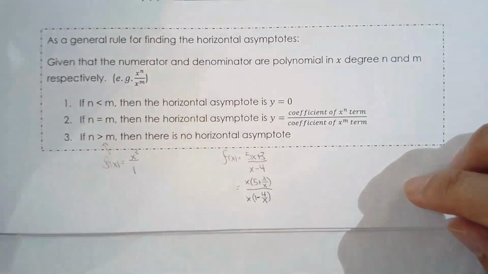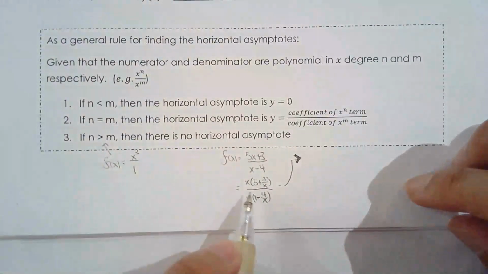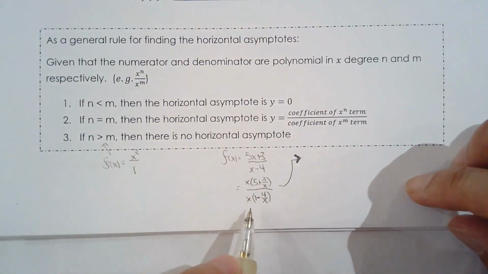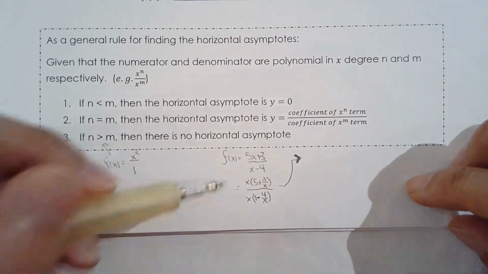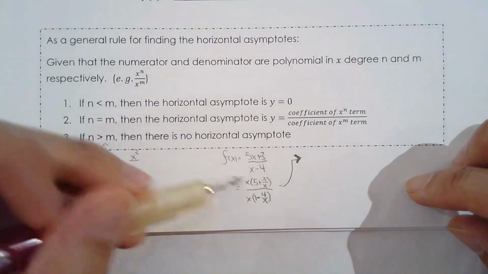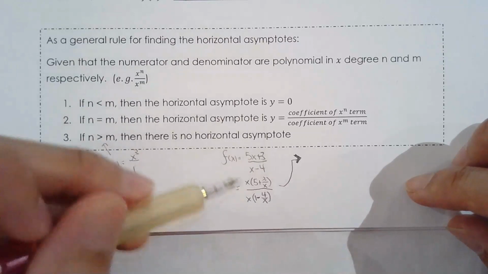So you factor the greatest power of x, which in this case is just x. And then you cancel out the common factor. Now this will always happen. Hopefully you see a pattern. There's always going to be a common factor if there's a tie in the degrees. If they're both degree 2, there'd be an x squared common factor. If they're both cubics, then there's an x cubed common factor.